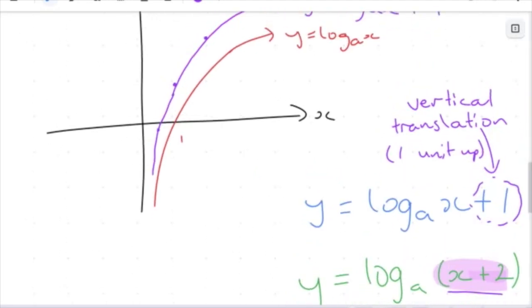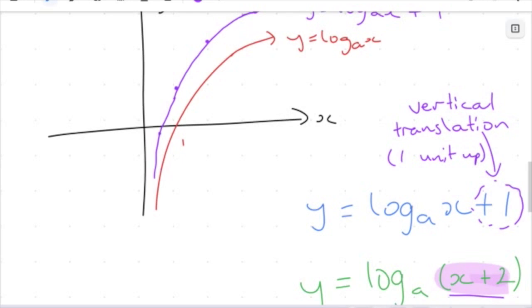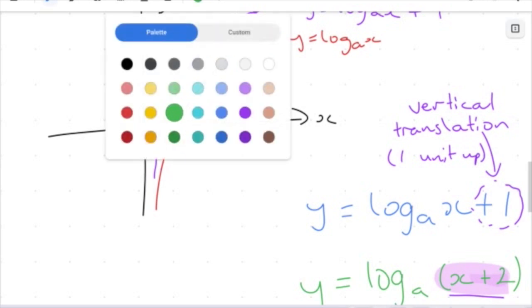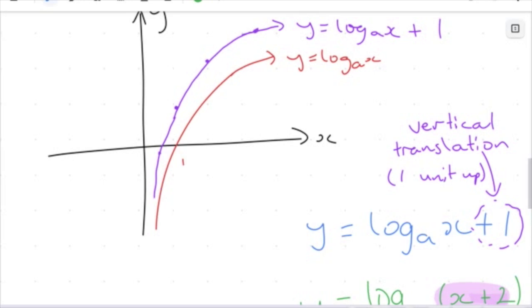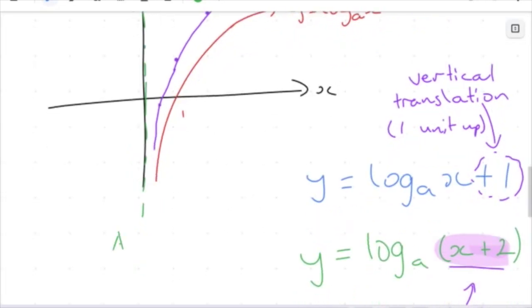Now remember, we noticed something about these particular graphs. When we had our regular y equals log a to the x, we noticed that there was a point where this essentially got really, really close to this line, this asymptote, but it never really touched it. So I'm just going to label this in again before we do our second transformation.